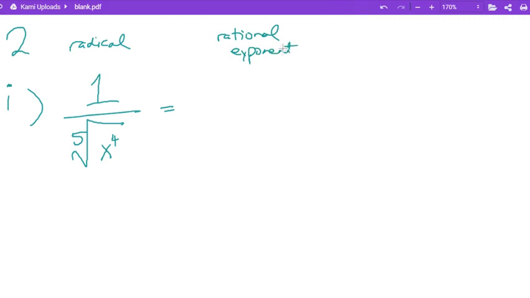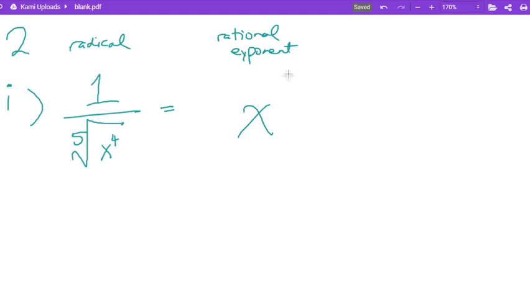Now, a rational exponent means there is a fraction in the exponent. Okay, that's all it means. Well, what is the base? The base is always the radicand. Then we have the power and the index.